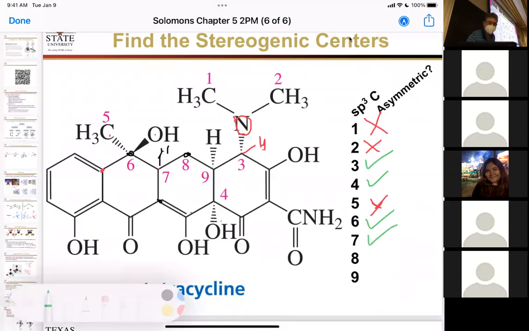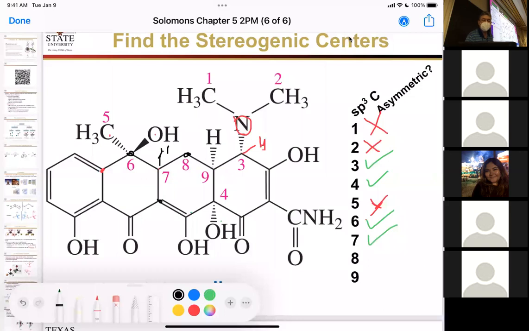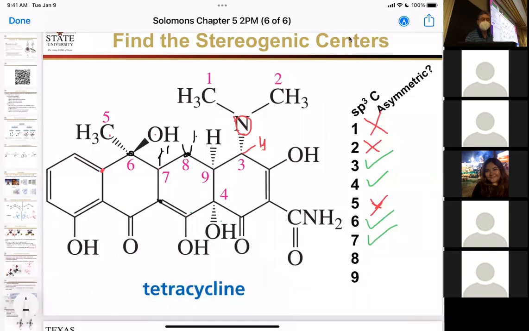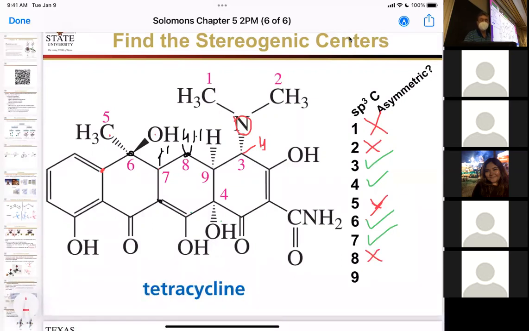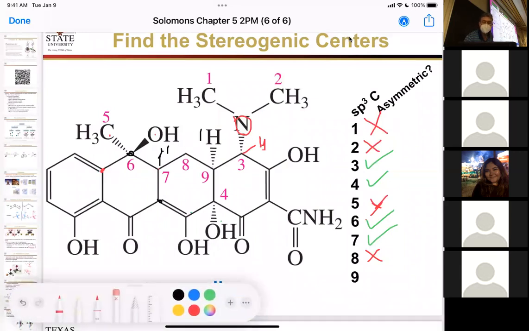8, okay? You can do this really fast. Draw your hydrogens on here. It's got 2 hydrogens on it. Is it chiral? No. So what we're looking for is those 4 different things. And let's look at number 9. Let's look at what we have.